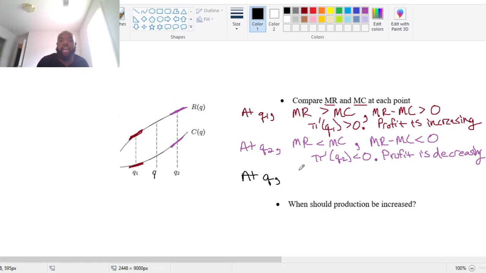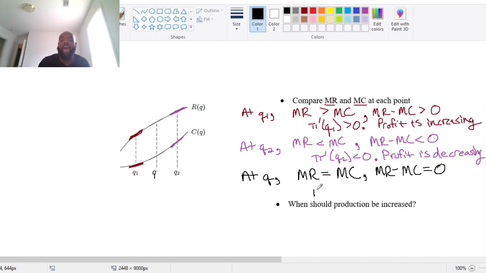The slope of the tangent line at Q for the revenue function is equal to the slope of the tangent line for the cost function. So marginal revenue equals marginal cost. I'm going to subtract marginal cost from both sides of that equation. That means marginal revenue minus marginal cost equals 0.